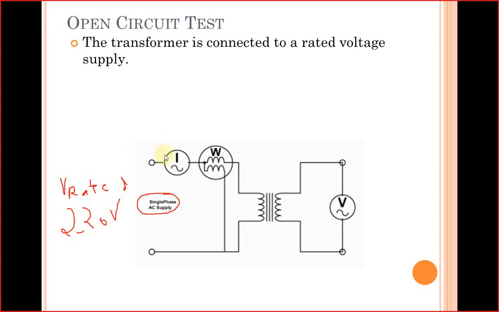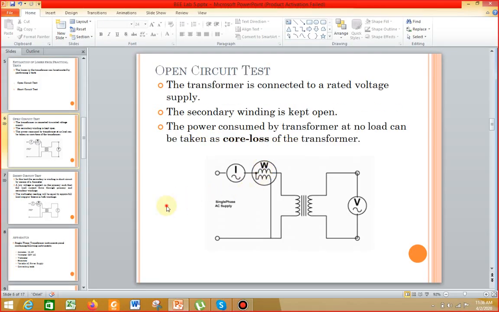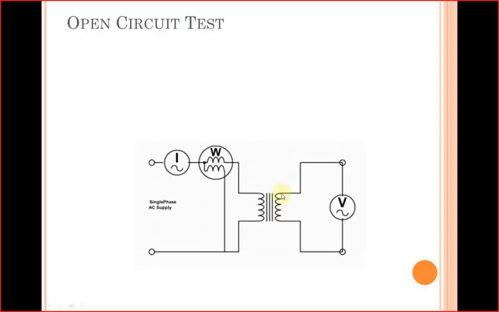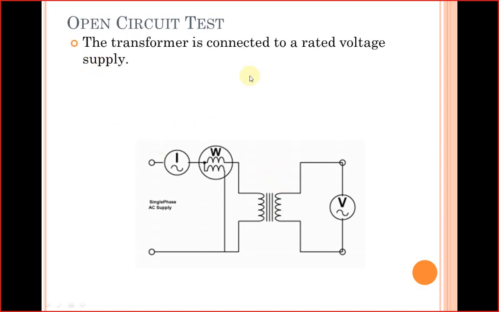I will just write it down here. We connect the primary of our transformer to a rated voltage, which is generally 220 volts.